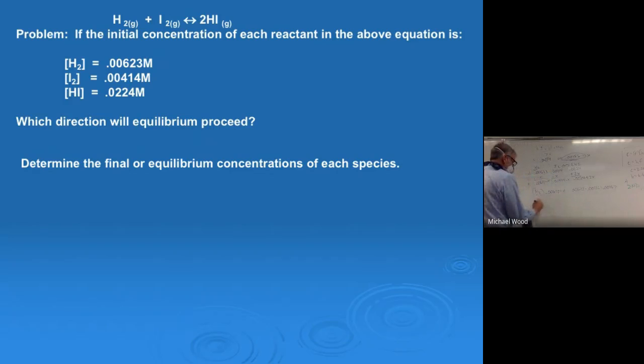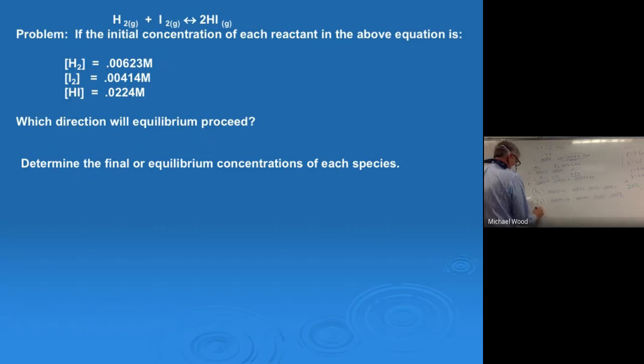Okay, if I do the I2, I have 0.00414 minus x, so I have 0.00414 minus 0.00156, 0.00258.